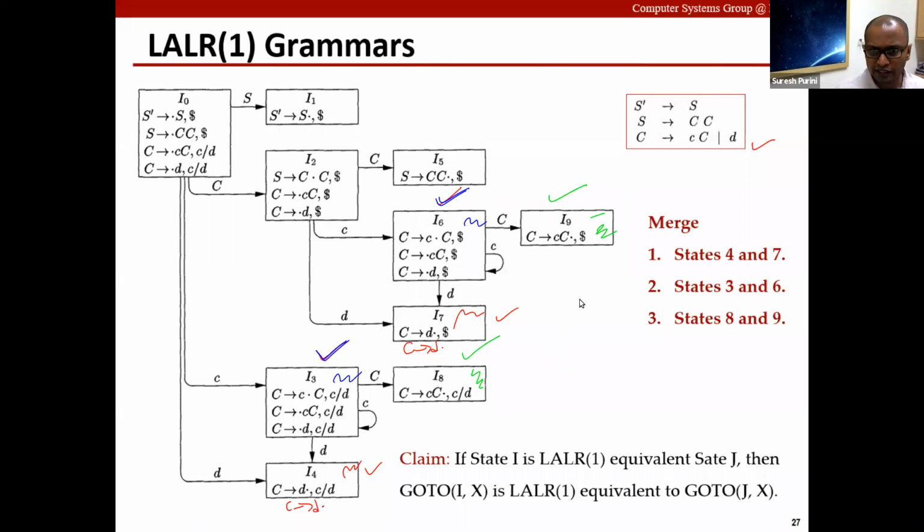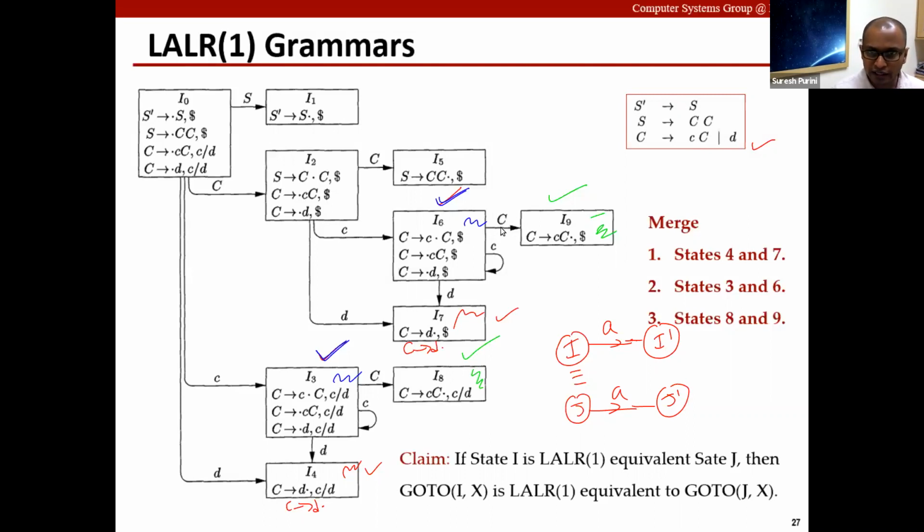But there is one problem that you may want to worry about. Let's say there is a state I and a state J, and you realize that they are equivalent to each other, so you want to merge them. Let's say there is a symbol A, and on looking at symbol A, I goes to I prime in the original LR1 automaton. Like for example, I is 6.